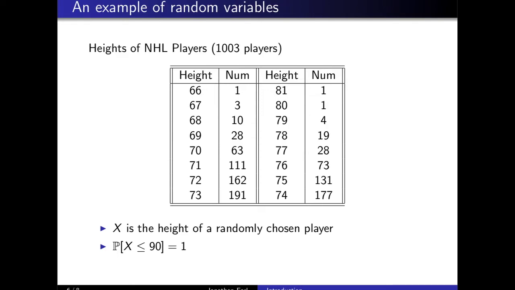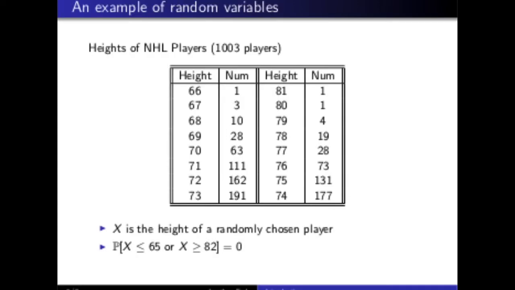Okay, how about the event where a randomly drawn player has height less than or equal to 90 inches? Well, in that case, that probability is going to be 1 because all of the players are less than 7'6". Okay, so that one's easy.